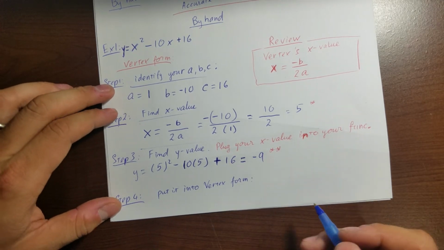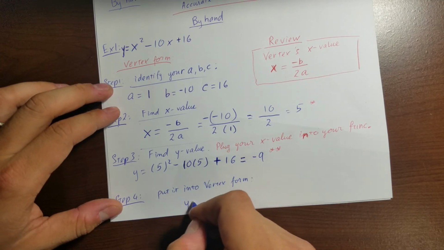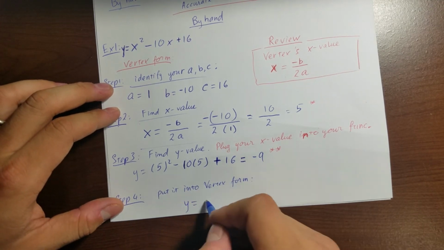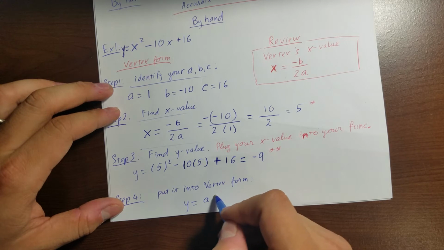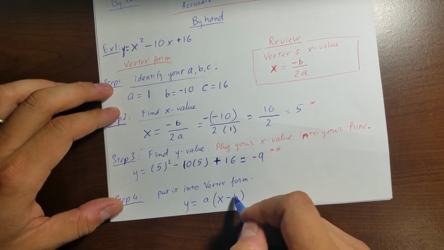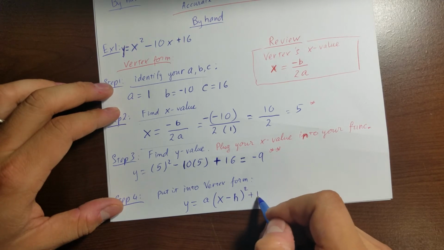Now, your vertex form will be y equals your a coefficient times (x minus h) squared plus k.